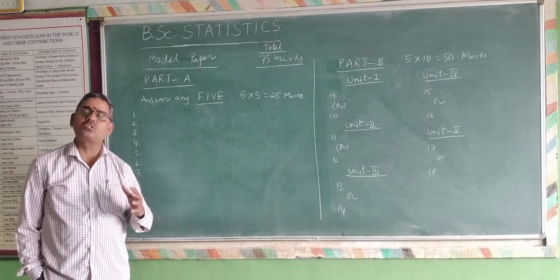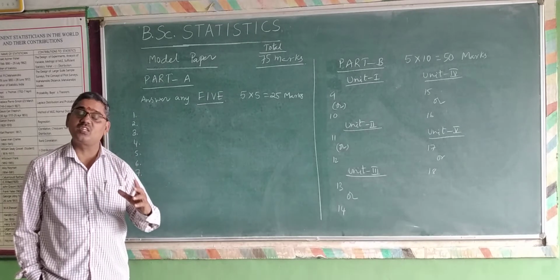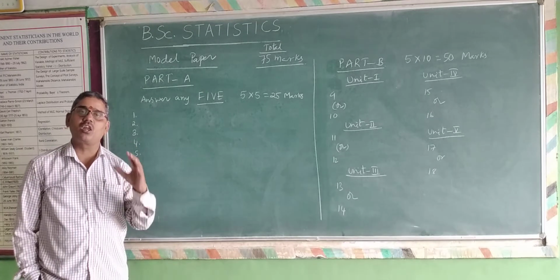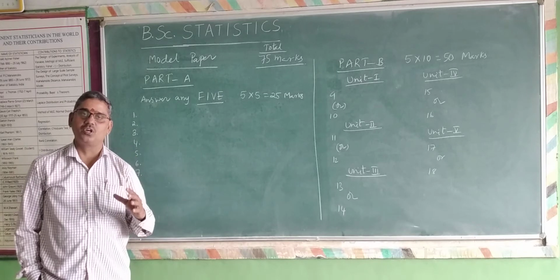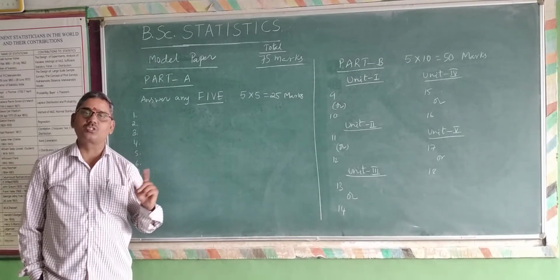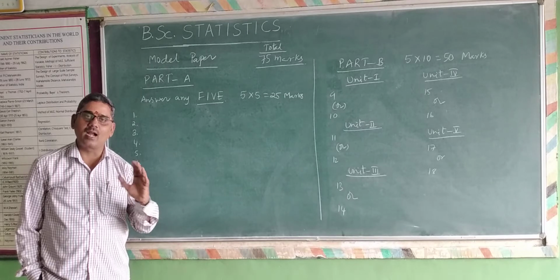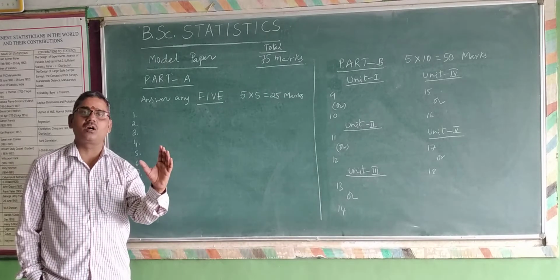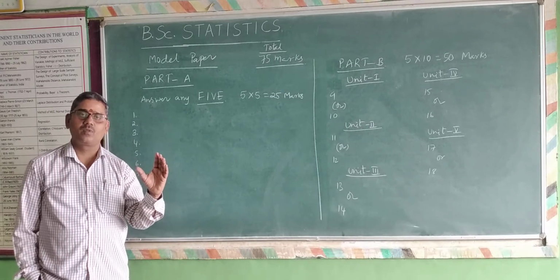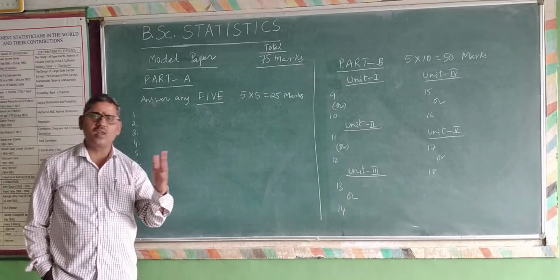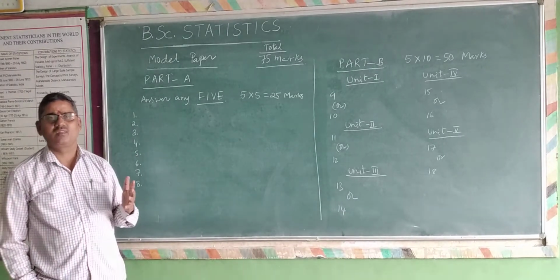Without leaving any question, again I am specifying that whatever theoretical concepts there are, pick out the questions and write them on a paper. At maximum you will get 6 or 7 questions, nothing more.